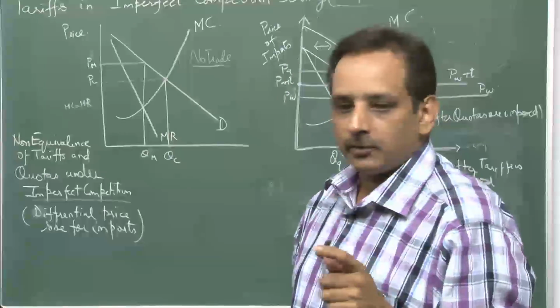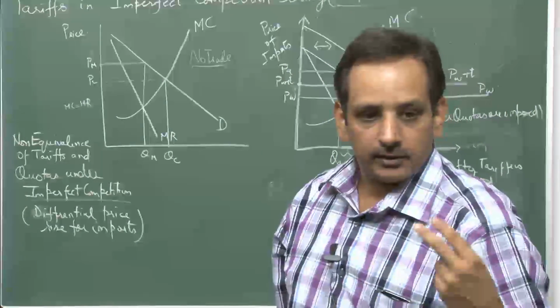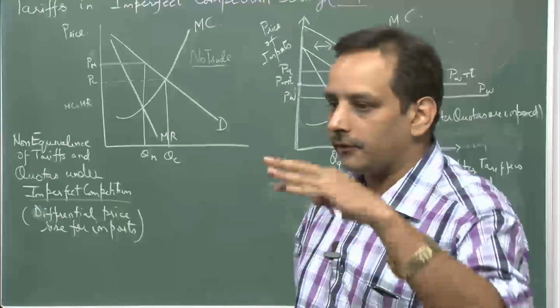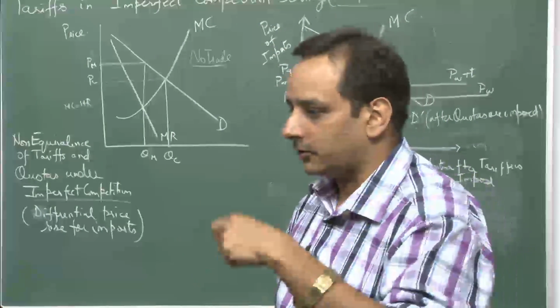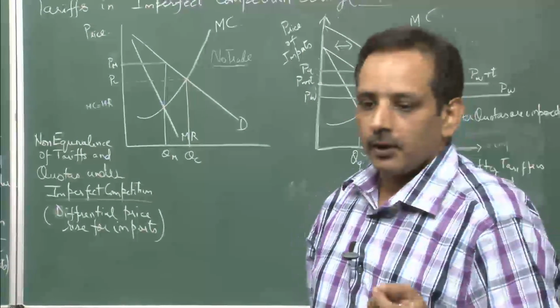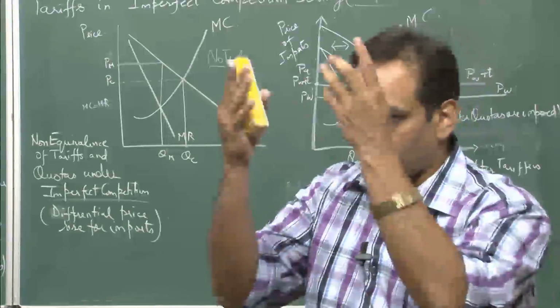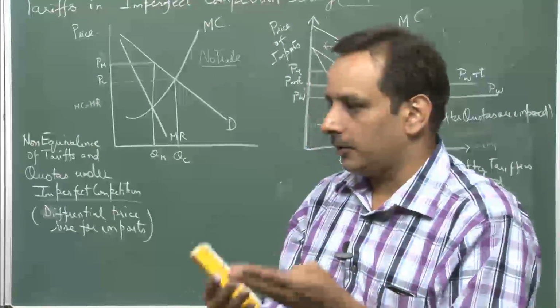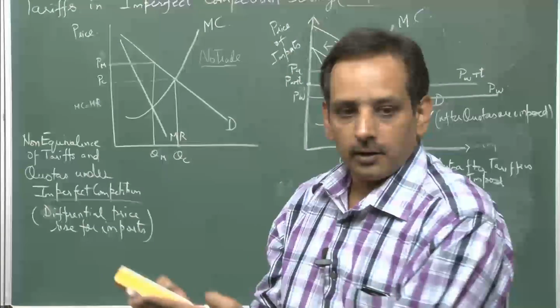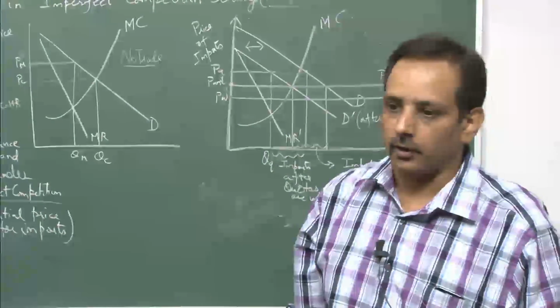So export subsidies, what they do is, your terms of trade fall. Second, because you are artificially raising the prices, it creates distortions, production and consumption distortions. So if you work out the net welfare of this country, it is all negative, because the terms of trade fall and there are distortions which are created in the economy.